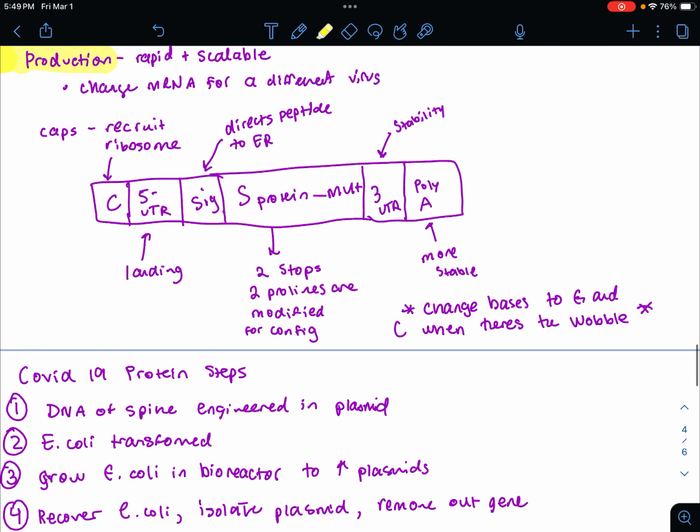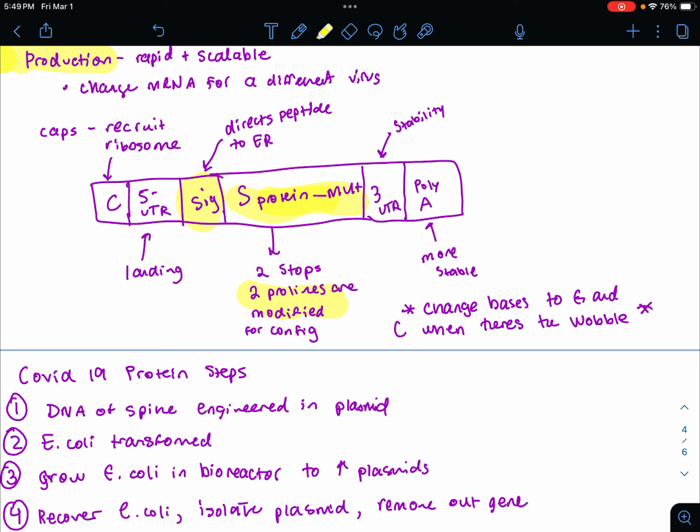Okay, so these are just the modifications. You add the cap to recruit the ribosome, the 5' UTR. You add the signal to direct the peptide to the ER. Then you have the protein, the spike protein mutant. You have 2 stop codons added in there.